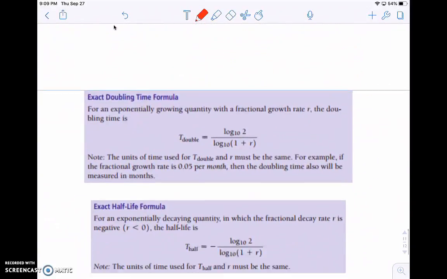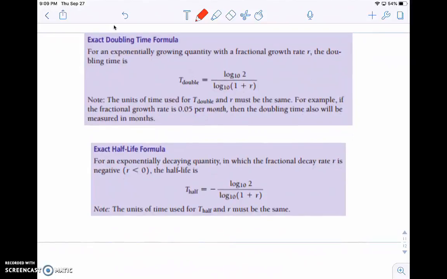So lastly, what I want to do is just introduce, there's not going to be any problems on these, but the exact formula for finding doubling time and half-life times, and we'll get into this more in the next lesson. But just as an intro, for an exponentially growing quantity with a fractional growth rate r, the doubling time is log base 10 of 2 divided by log base 10 of 1 plus r.